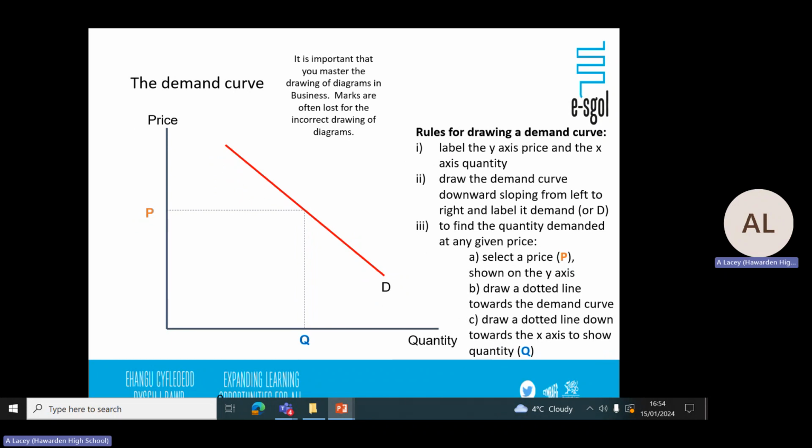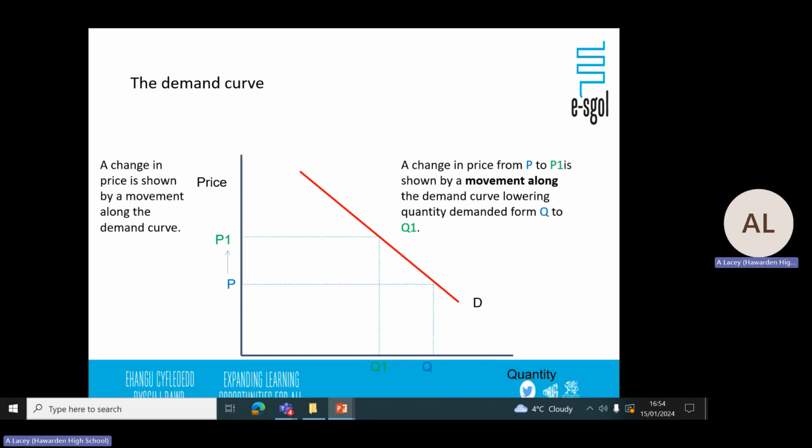Now, it's important you master the drawing of diagrams in business, and marks are often lost for incorrect drawing of diagrams. So the rules are on the other side, so make sure you are following those rules.